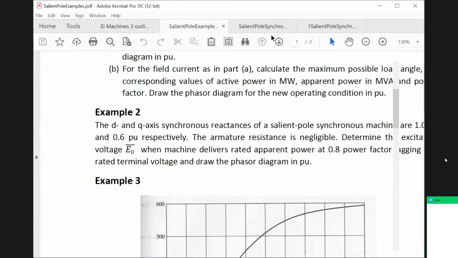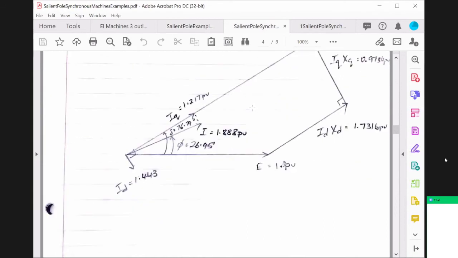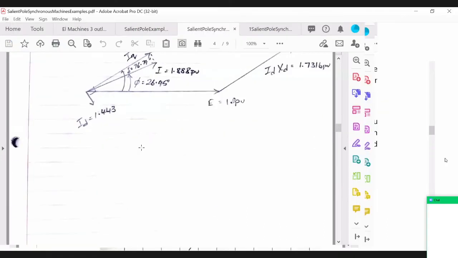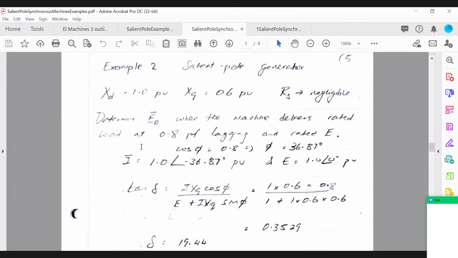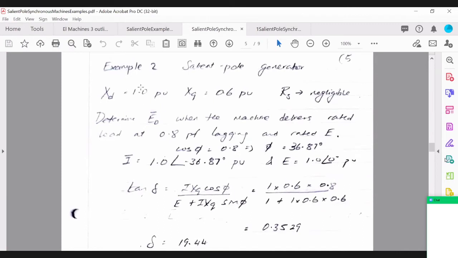Right, so if we look at example 2, as I said, they've given us xd and xq, right? So now to determine E naught, in step one, I've written the angle, which is phi, given the power factor.